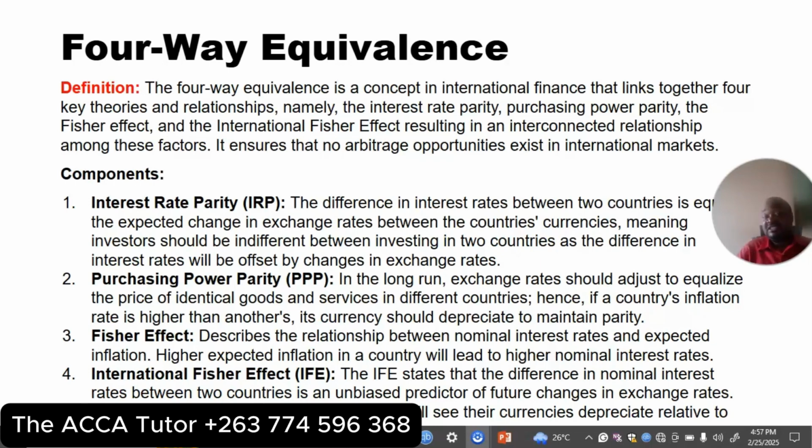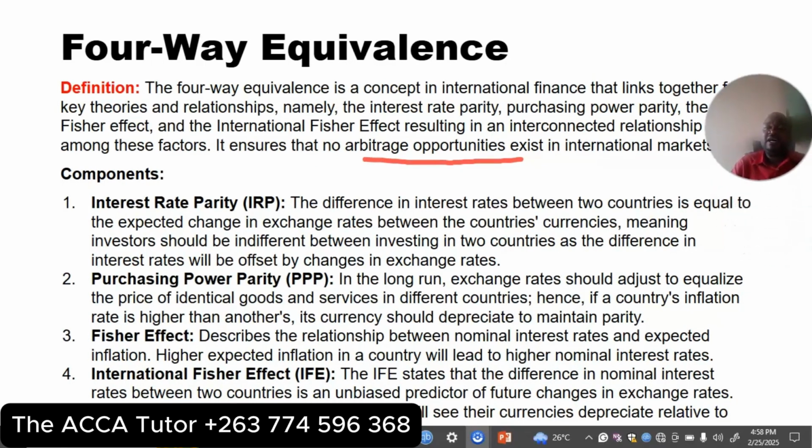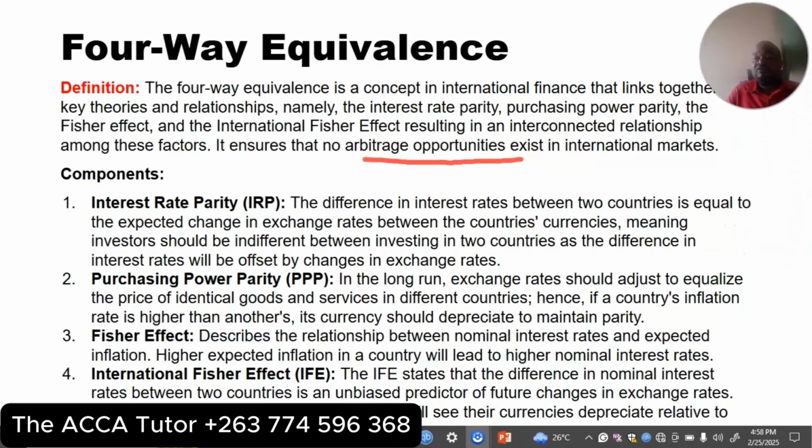The important fact here is that it ensures no arbitrage opportunities exist in international markets, which means it actually removes the possibility of information asymmetry, or lack of proper information in the market. So at international level, there are actually no arbitrage opportunities.